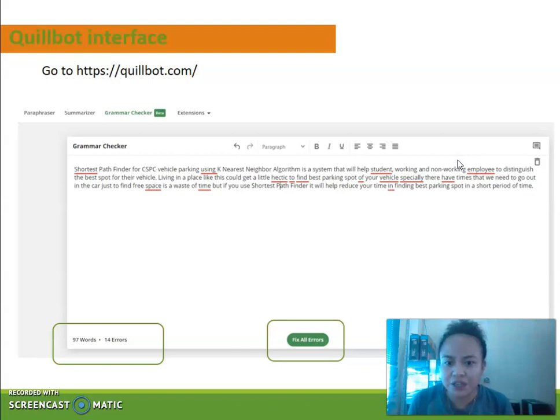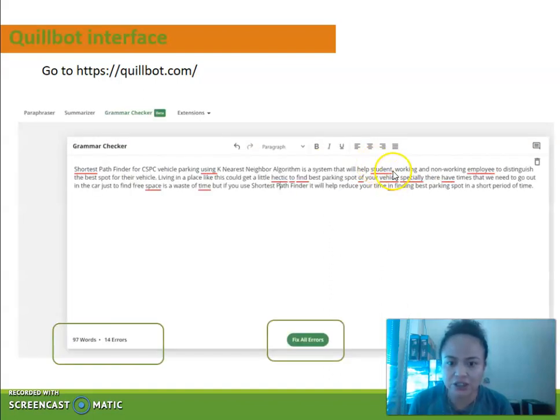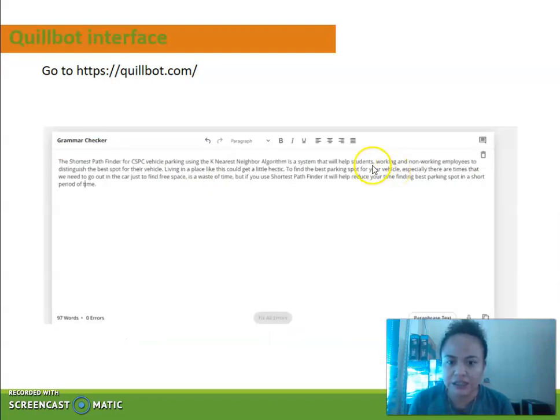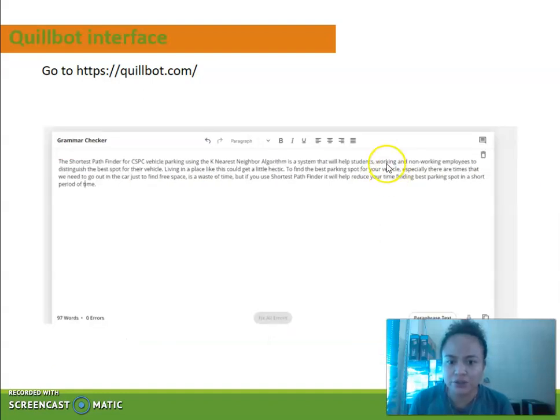And then, on the next, sabi dito, is a system that will help students. So, nakita natin dito, wala siyang S. Sabi niya, lagyan daw natin ng S. Another is the employee. Working and non-working employees to distinguish the best path for their vehicle.